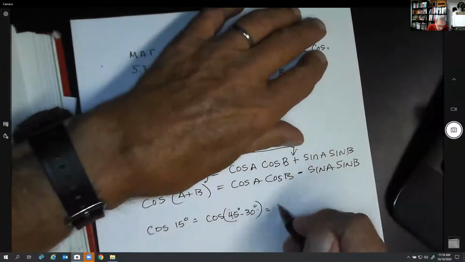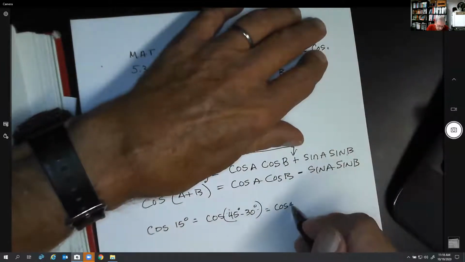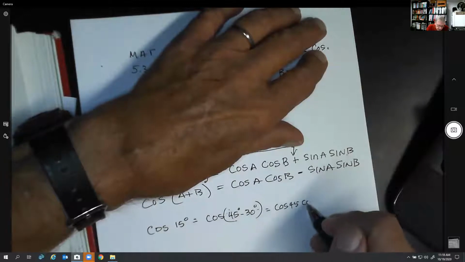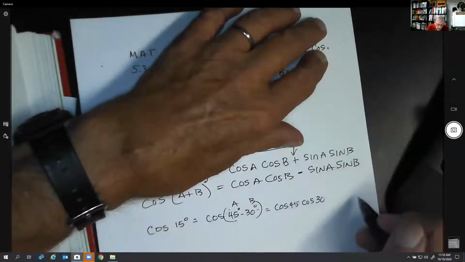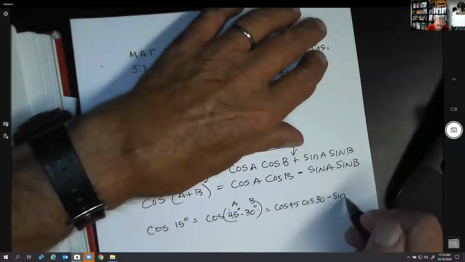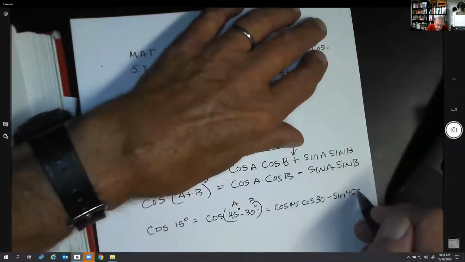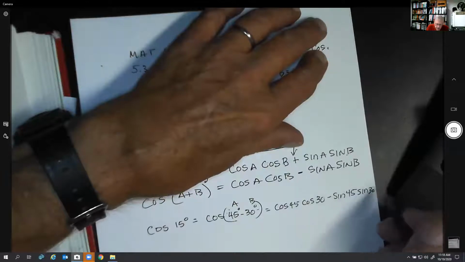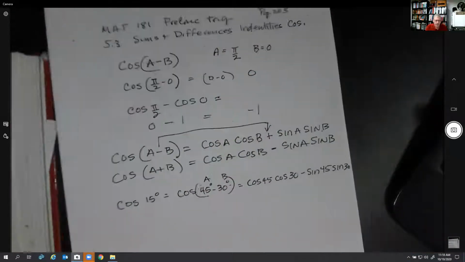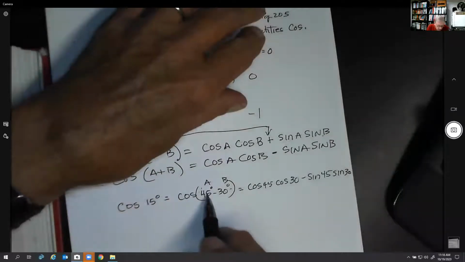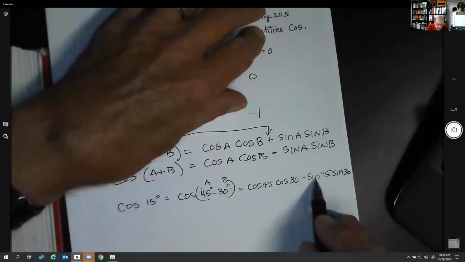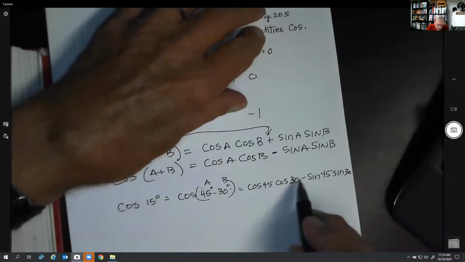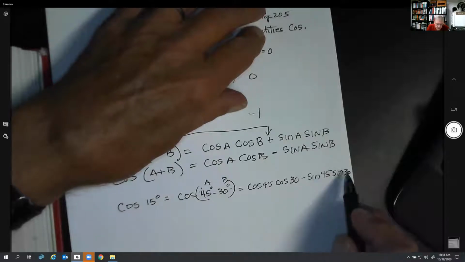So it's the cosine of 45, cosine of 30, minus the sine of 45 times the sine of 30. So cosine of 15 degrees is the cosine of 45 minus 30, which is cosine of 45, cosine of 30, sine of 45, sine of 30.